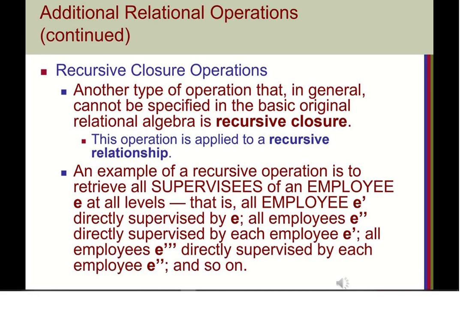Recursive closure operations. Another type of operation that, in general, cannot be specified in the basic original relational algebra is recursive closure. This operation is applied to a recursive relationship. An example of a recursive operation is to retrieve all supervisees of an employee E at all levels, that is, all employees directly supervised by E, all employees directly supervised by each of those employees, and so on.